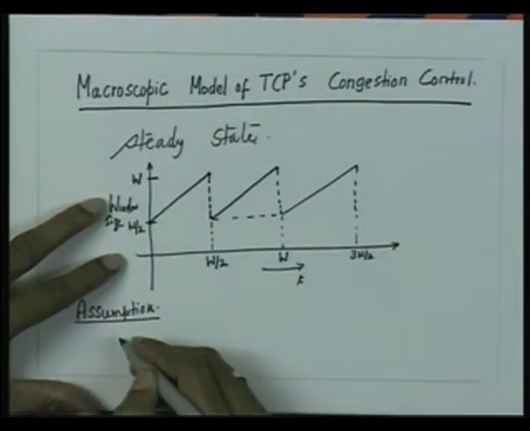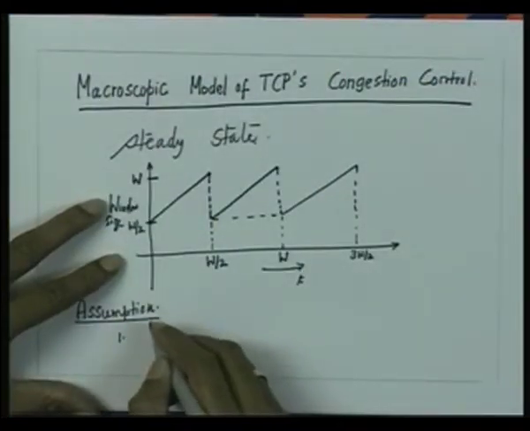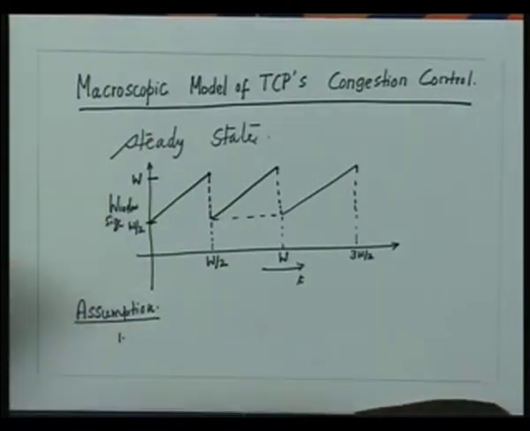So the assumption is that the window opens by 1 packet during every RTT.